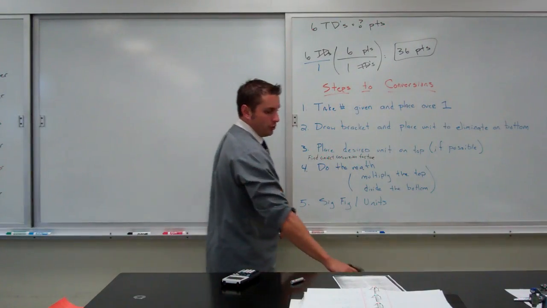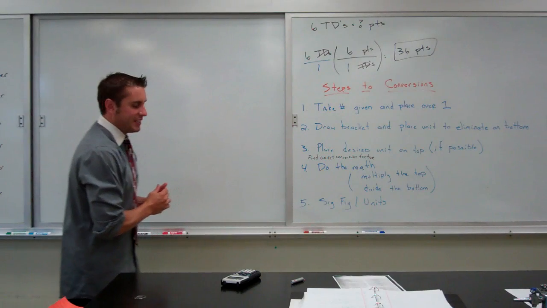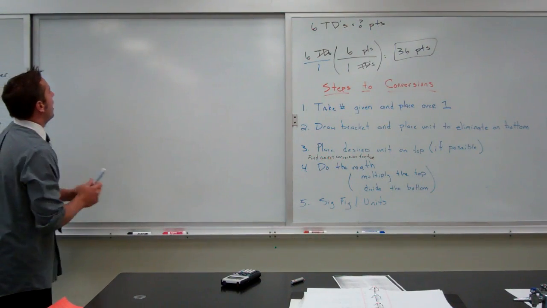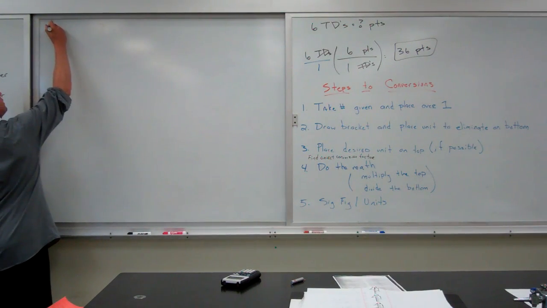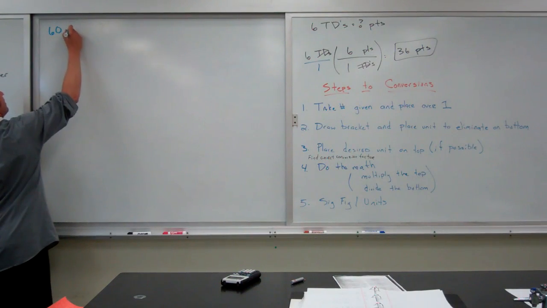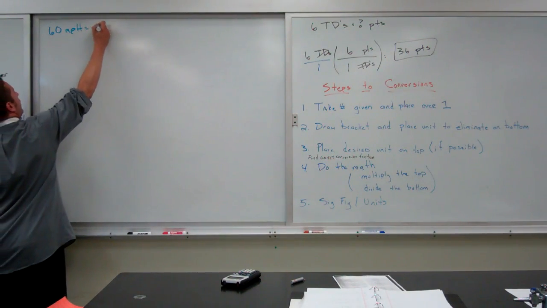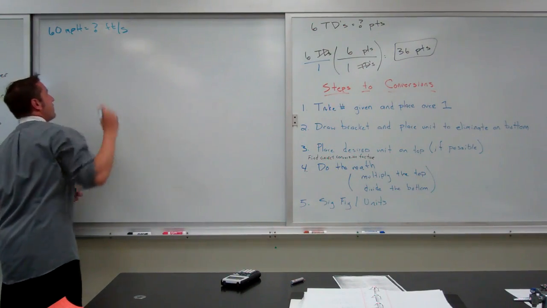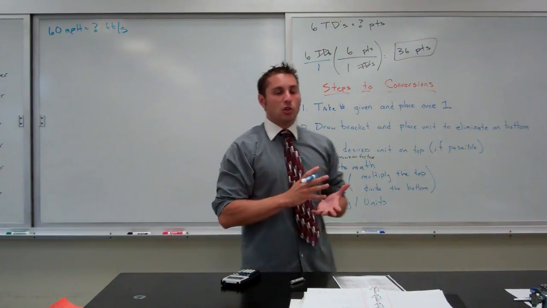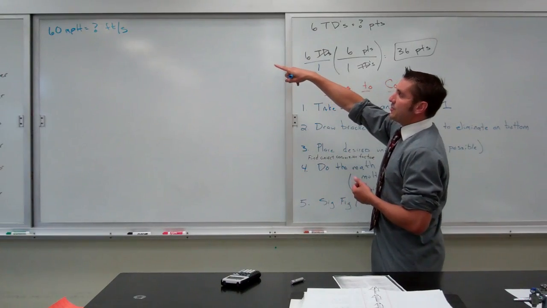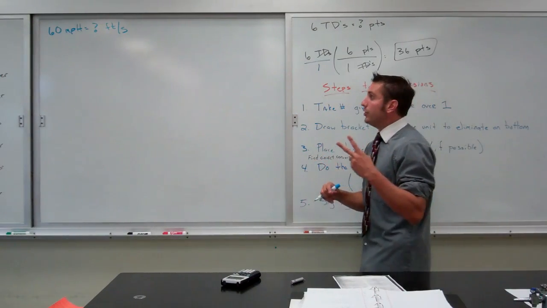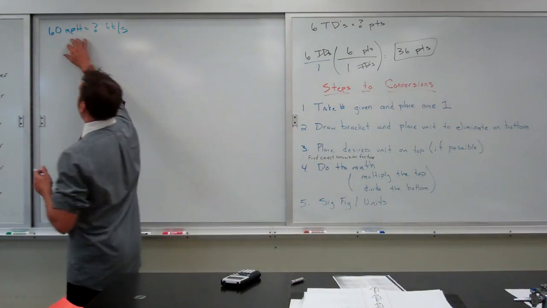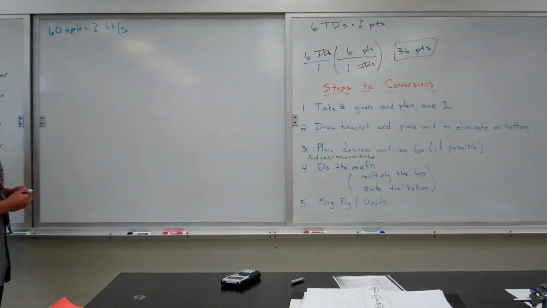If I were to look at a problem, and it would say something like, I am traveling 60 miles per hour, and I want to know what is that in feet per second. We've yet to look at a problem where we have an answer that isn't just 1 unit, it's 2, and that we're starting with something like miles per hour.